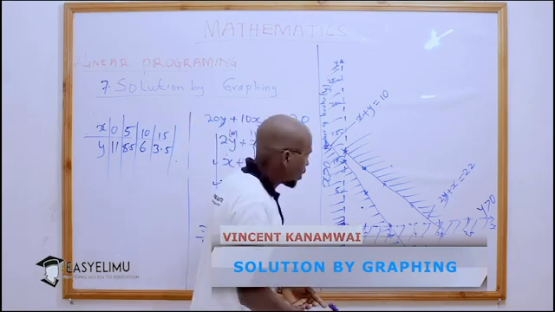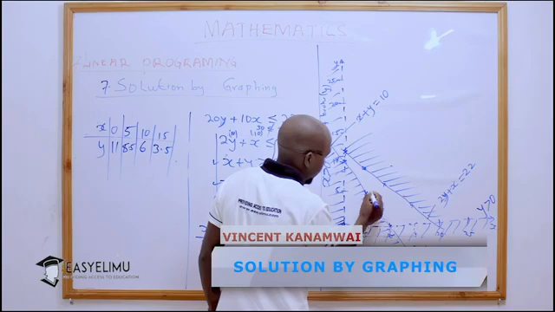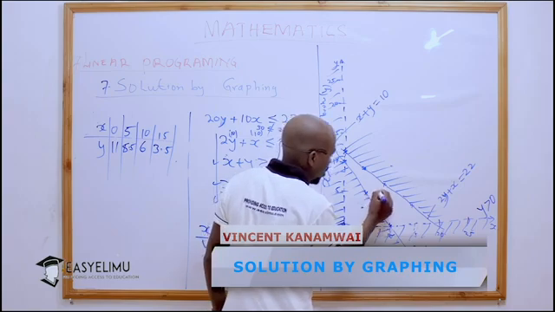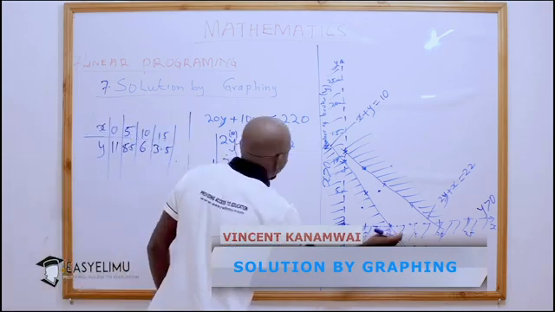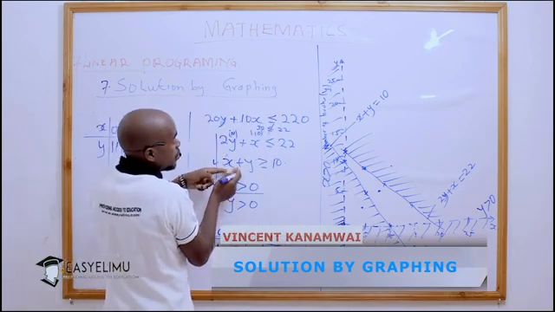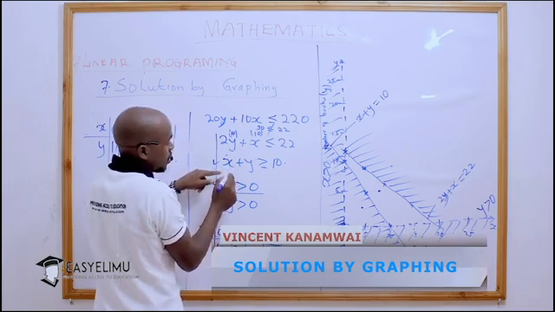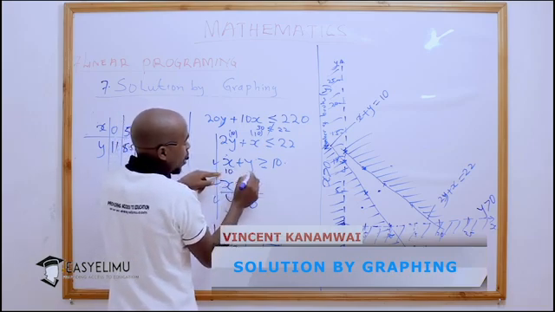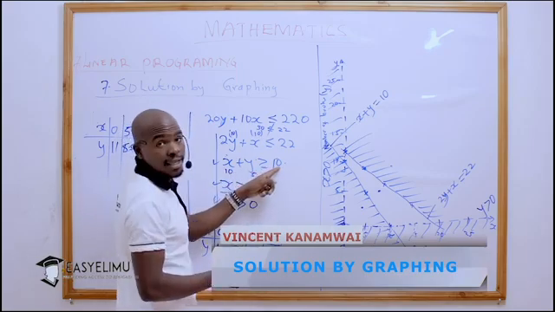Any of the point, for instance, you can take 10 and 5. If x equals 10 and y is 5, you will find this one is automatically greater than 10.